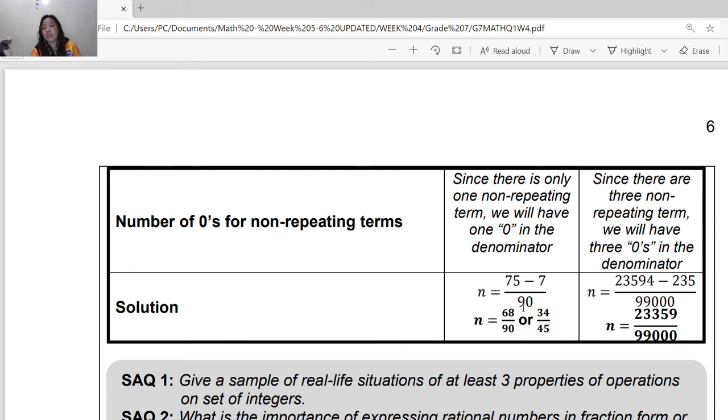For the repeated term you write 9, for the non-repeated term you write 0, and that will become 90. 75 minus 7 is 68 over 90, or 34 over 45.